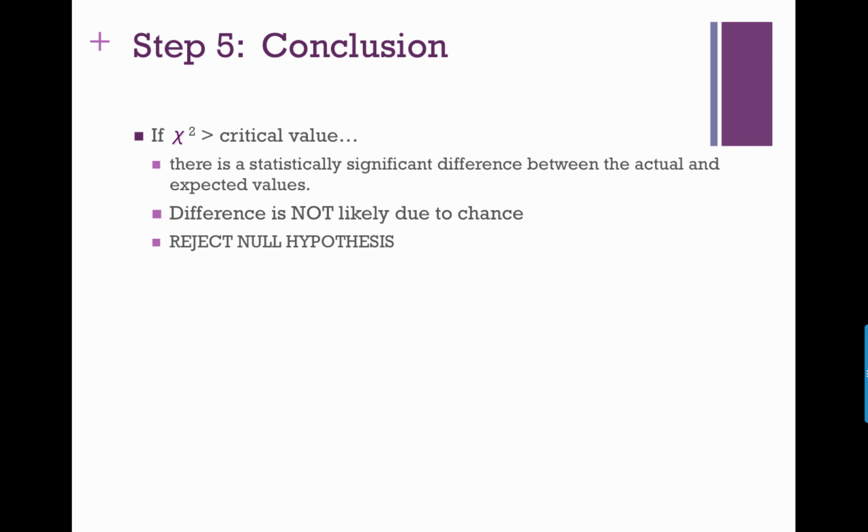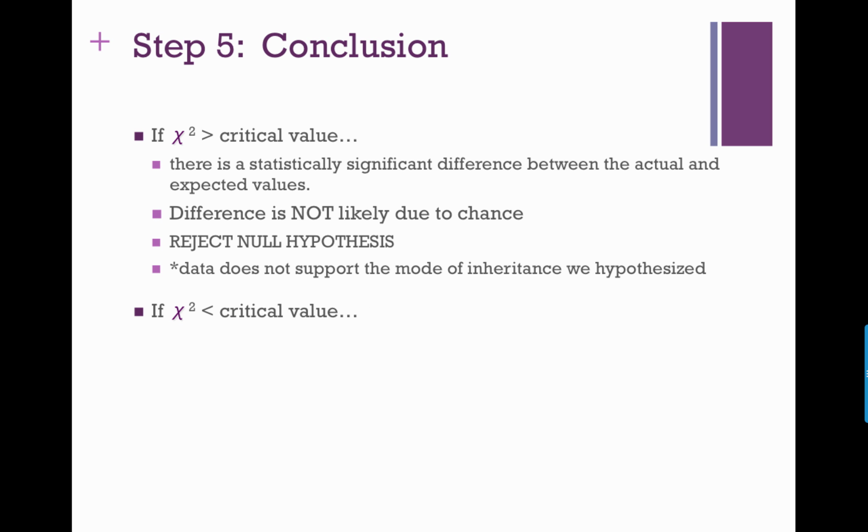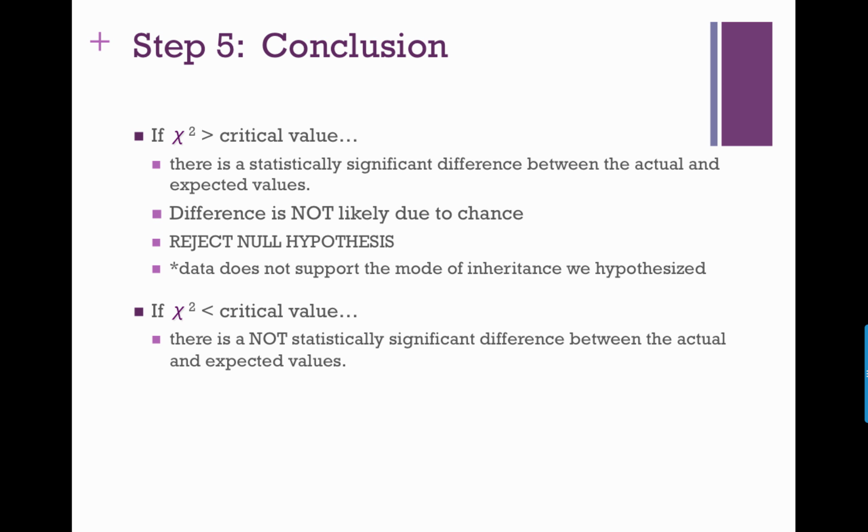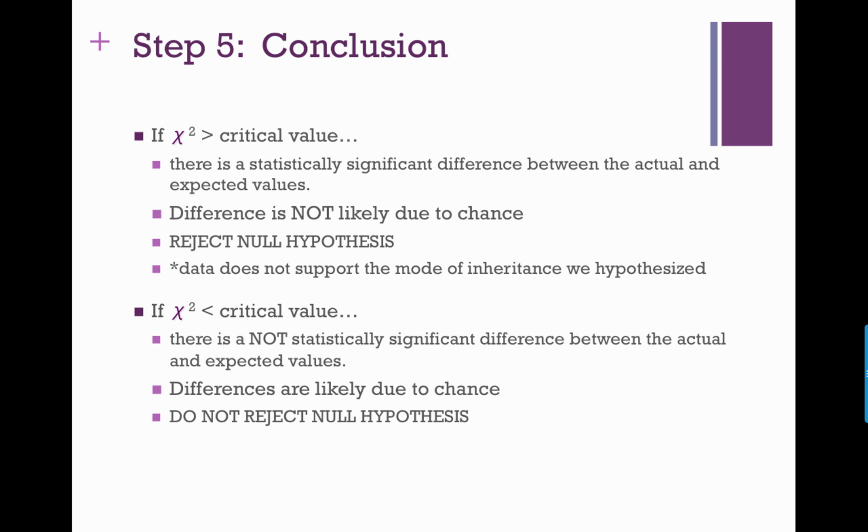So I reject the null hypothesis, and the data is not supporting the mode of inheritance that I hypothesized. If the chi-squared term is less than the critical value, then there is not a statistically significant difference between the actual and the expected values. So the differences I'm seeing are likely due to chance. And I don't reject the null hypothesis because the data does support the mode of inheritance that I hypothesized.